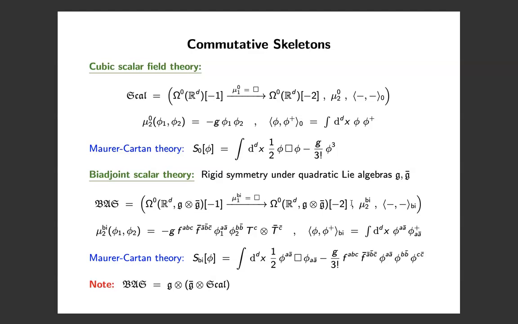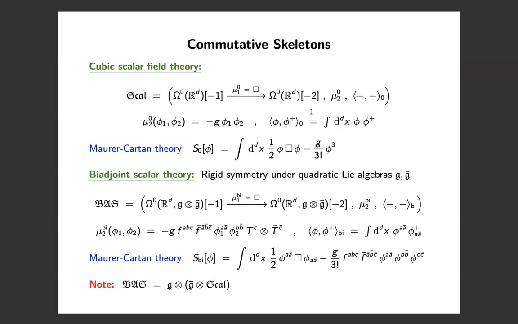Now I modify the product slightly here to include the color and as well the inner product by these formulas here. So this product now looks like a double Lie bracket with respect to these Lie algebras, and in fact, it's just the tensor product of the two Lie brackets, and then the inner product is just obtained by contracting the components of fields and then integrating them.